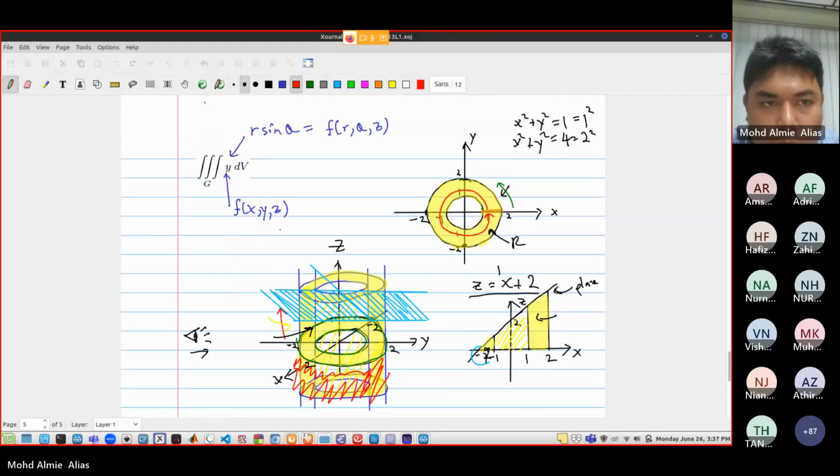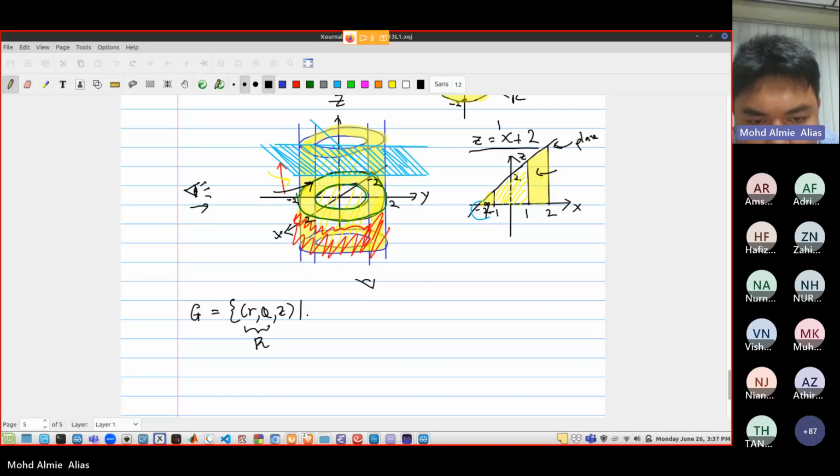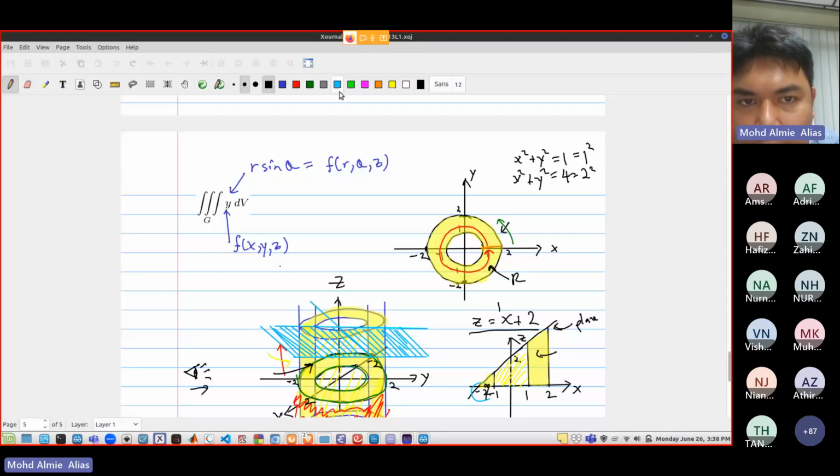So here theta is from 0 to 2 pi. As we move theta from 0 to 2 pi, our r, the distance from the point to the origin, is always constant, regardless of the angle.